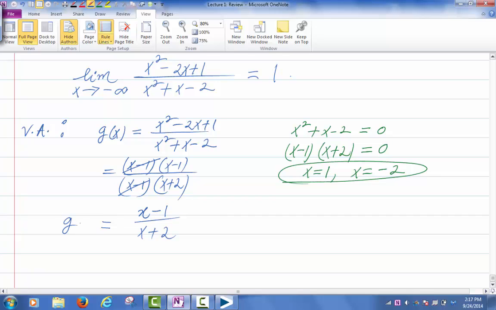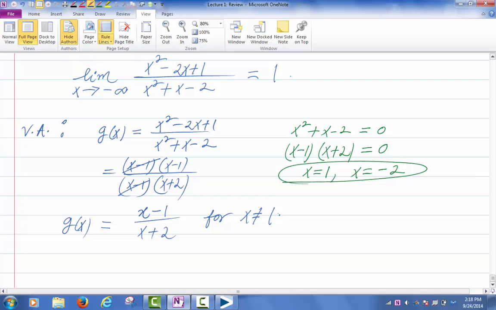So what I'm saying is that g of x is equal to this as long as x is not equal to 1, right? g of x is given by the simpler ratio as long as x is not 1.